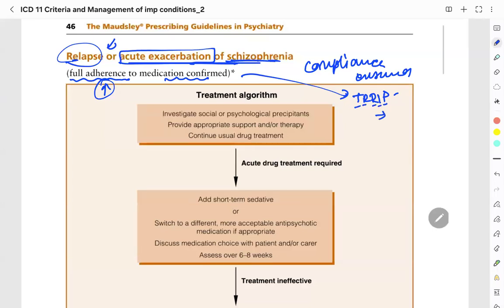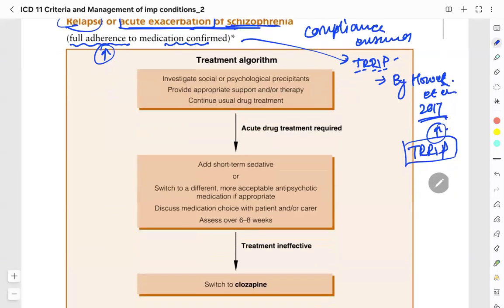This criteria was given by House et al. in a 2017 article, and it is what we follow to confirm that the patient has treatment resistant schizophrenia. How do you confirm compliance? There are several ways they have given, so we'll have to look into that.